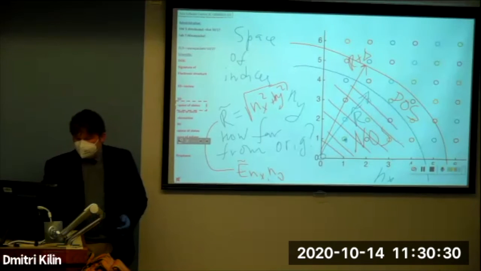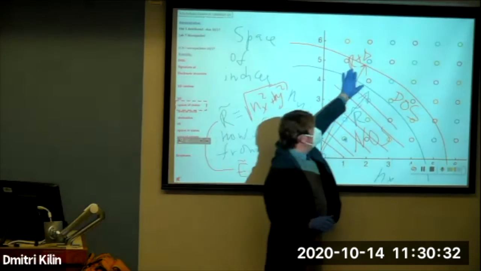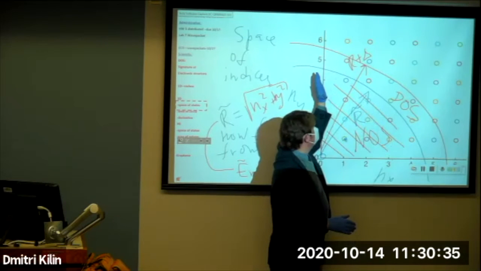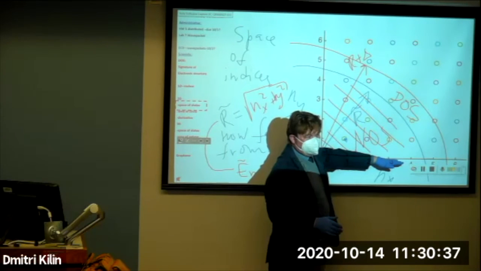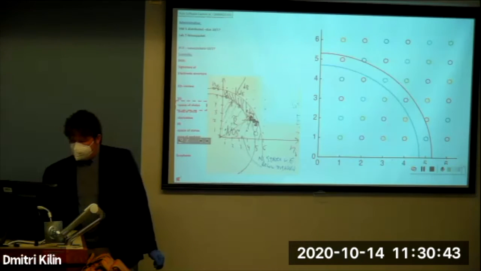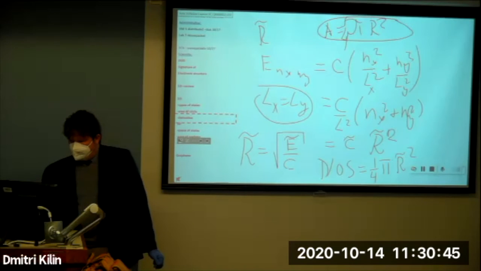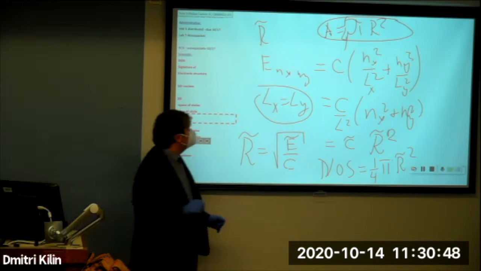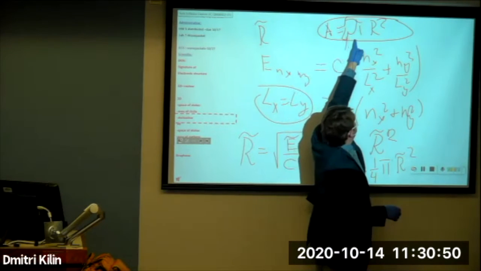You do not need an instructor. So the number of states will be pi r squared. And if we take only the positive numbers, it will be one quadrant, 25%, 1/4 of this pi r squared. So area A equals 1/4 pi r squared.